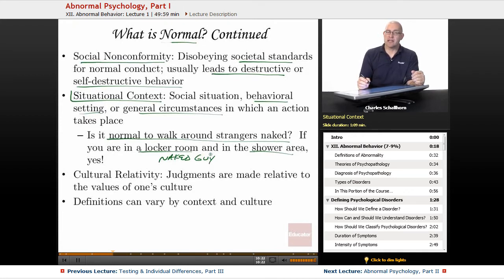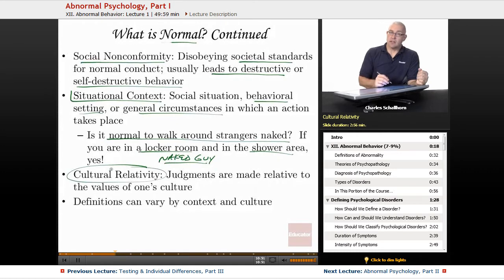He just went from class to class on campus, and he was just called Naked Guy. So that was situational context. He violated that, and that tied into social nonconformity. So was it normal for him to be naked? No, because everyone else around him was clothed. Now, if you were in a nudist colony, yeah, it's perfectly normal to walk around naked. Makes sense. But in most social circumstances, not so normal.